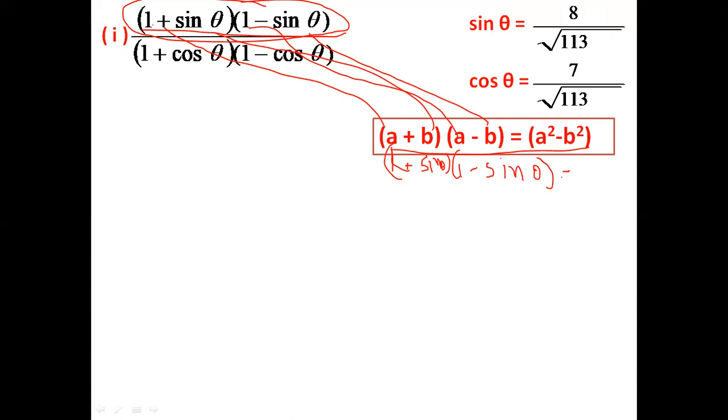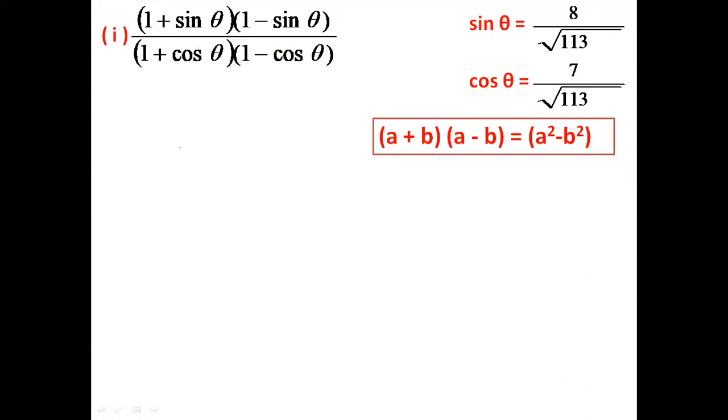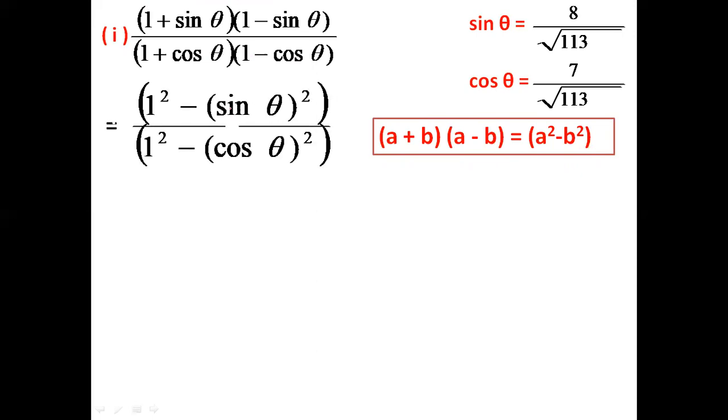is equal to what we can write here, 1 square minus sin theta square, bracket close. So with this formula you can write the numerator (1 plus sin theta)(1 minus sin theta) as 1 square minus sin theta whole square, by, in the denominator also, using this formula, (1 plus cos theta)(1 minus cos theta), that is 1 square minus cos theta whole square.